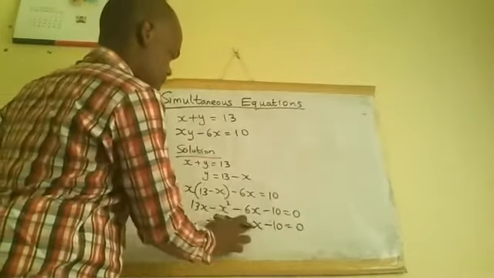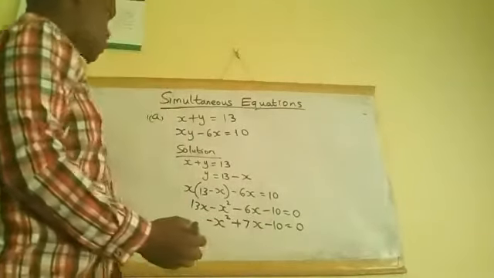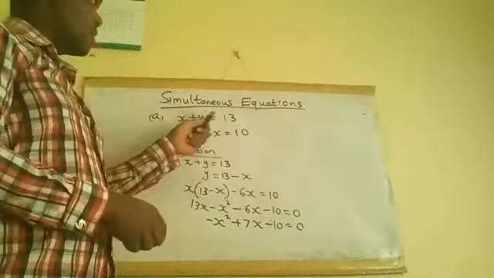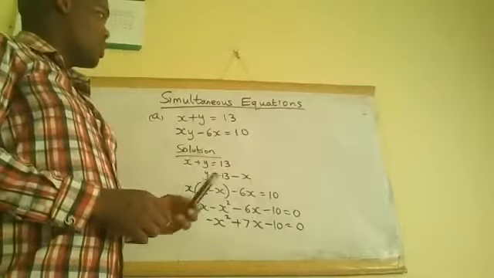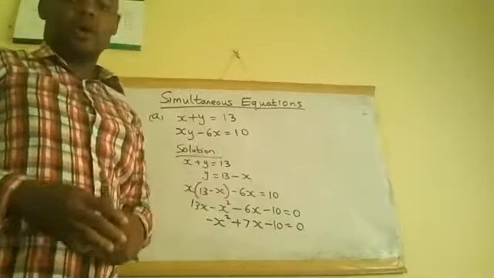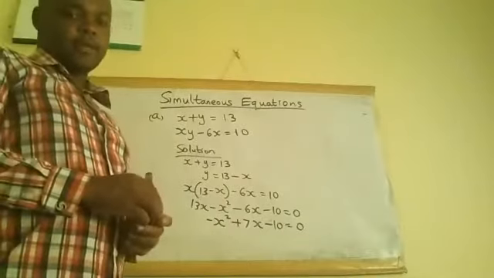So it was x plus y is equal to 13. Then that is what happened there. So y is 13 minus x. So I hope you have gotten that clearly.